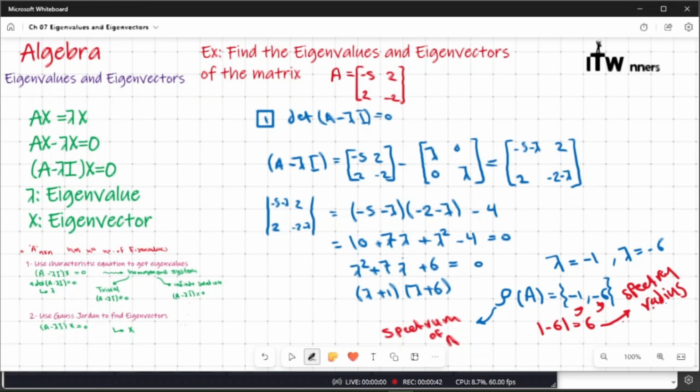Thus we have lambda equal to negative 1 and lambda equal to negative 6.